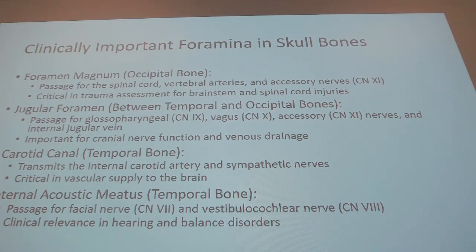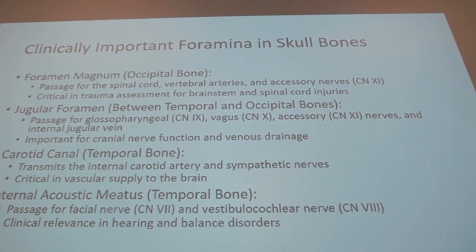Now for the foramen magnum, which is part of the occipital bone, you saw it really clearly in the lab. This is so big that it allows the passage of the spinal cord and also vertebral arteries. Remember, the vertebral arteries run in the transverse foramina of the cervical vertebrae. That is part only of the cervical vertebrae.